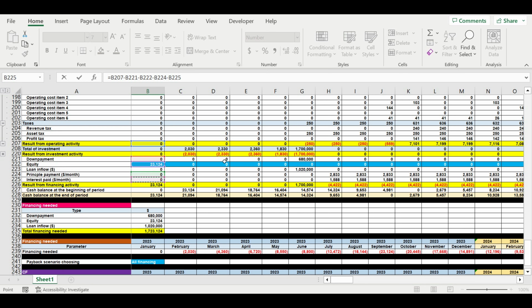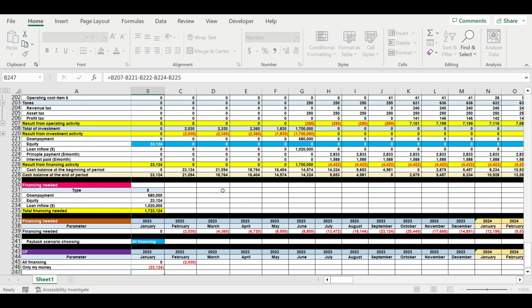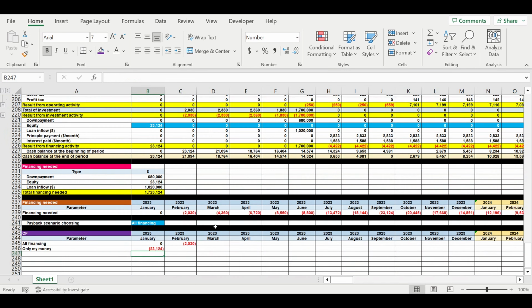So I'm not looking at the total amount of acquisition in this case.